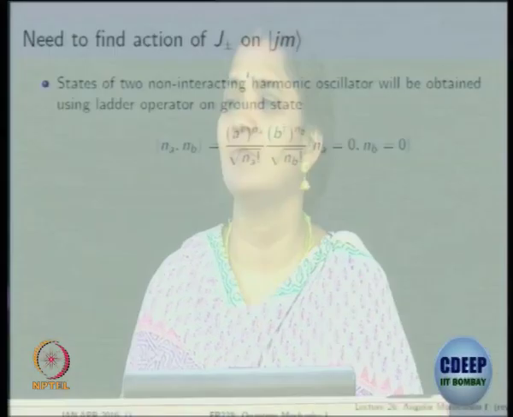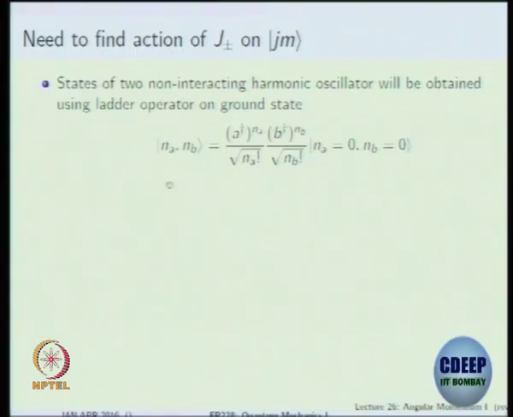Very simple now. You can write any arbitrary number state with an arbitrary Na and Nb, in the harmonic oscillator context, two independent harmonic oscillators, as if you have this raising operator A dagger Na times on the ground state or vacuum state with this normalization, and similarly the B dagger Nb times with this normalization on the ground state.